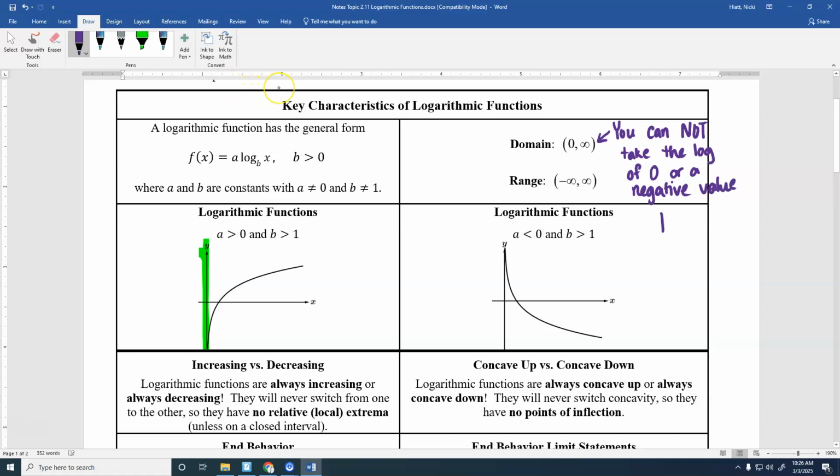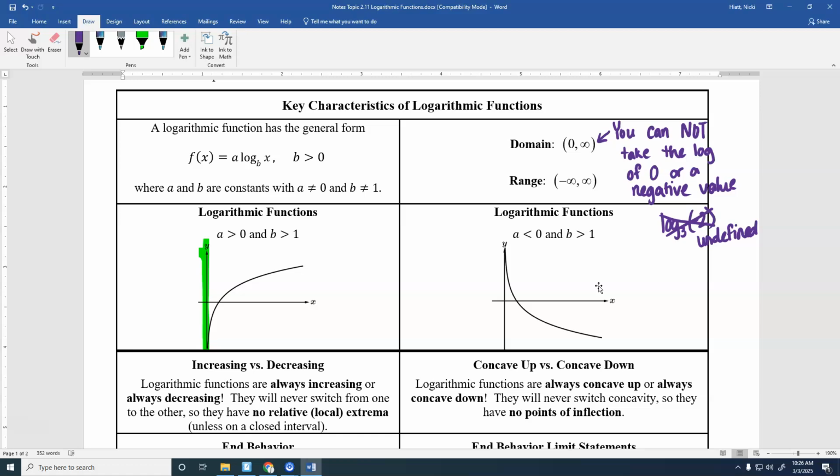So if they're trying to get you to do log base 3 of negative 2, that would be undefined. You cannot take the log of a negative value or of 0.